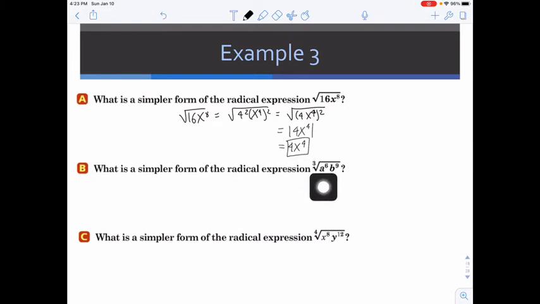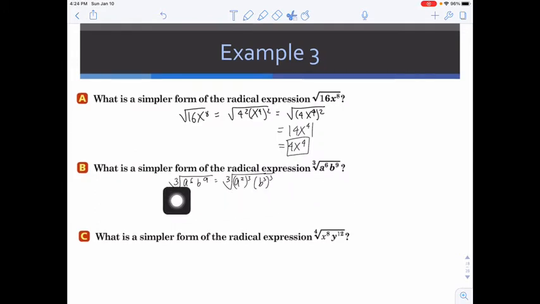For part B, we're looking at a cube root, and the previous slide says that if we have an odd power, we do not need to worry about the absolute value bars. Since we're looking at a cube root, we're going to try to get cubes inside the radical. So a to the 6th can be rewritten as a squared cubed, since 2 times 3 is 6. B to the 9th can be rewritten as b cubed cubed, since 3 times 3 gives us the 9.